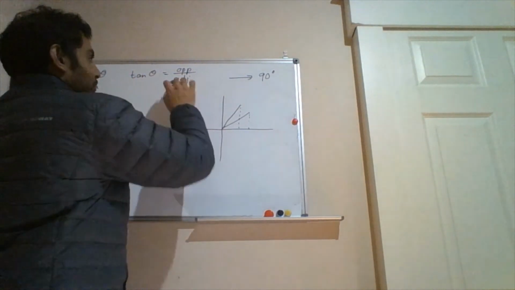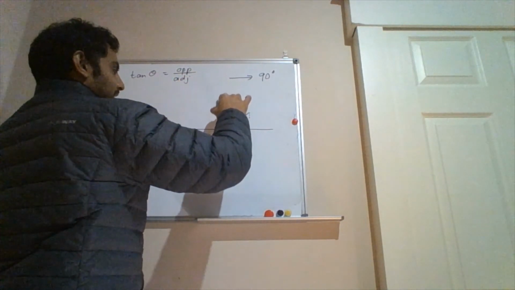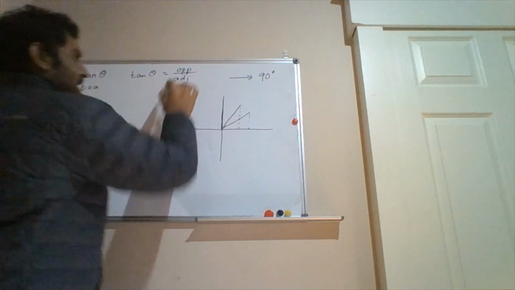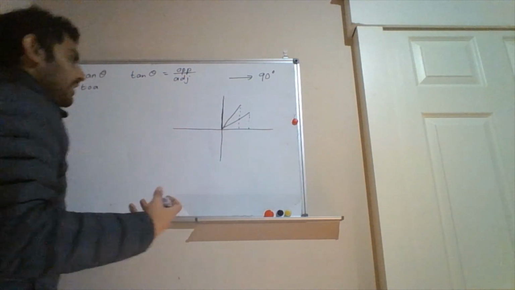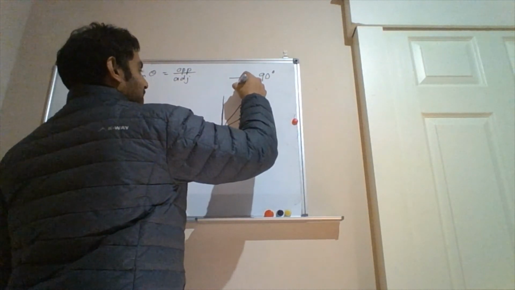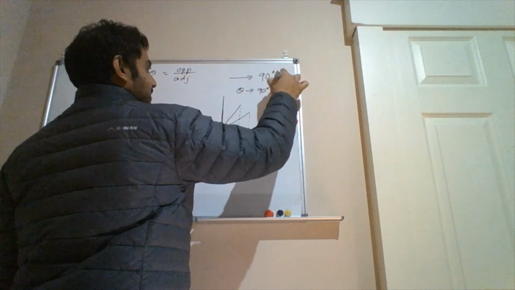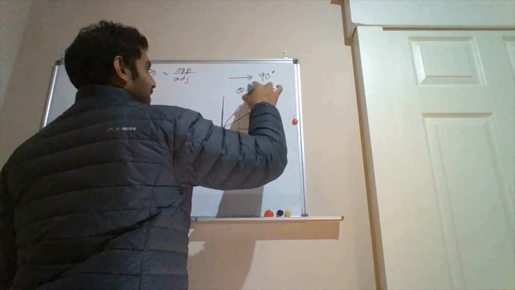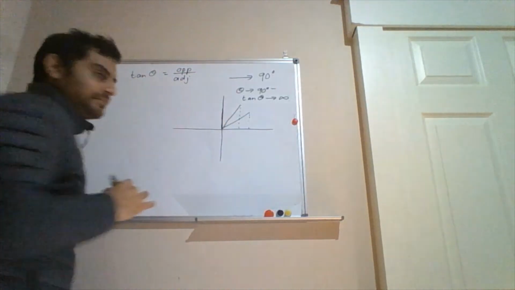So when adjacent is tending to 0, so at 90 degrees adjacent is 0, this fraction becomes infinitely large. So we can put that down and say as theta tends to 90 degrees from the left-hand side, tan of theta will tend to infinity.